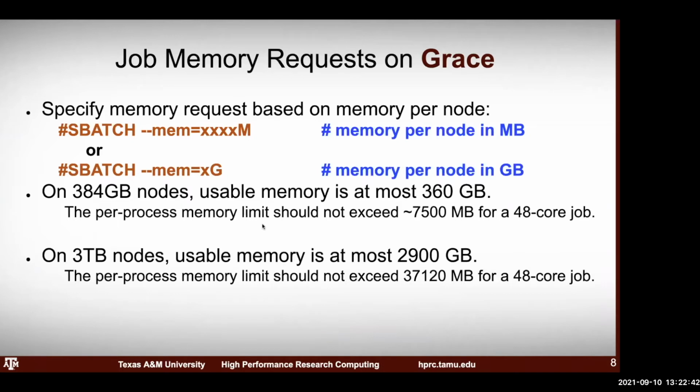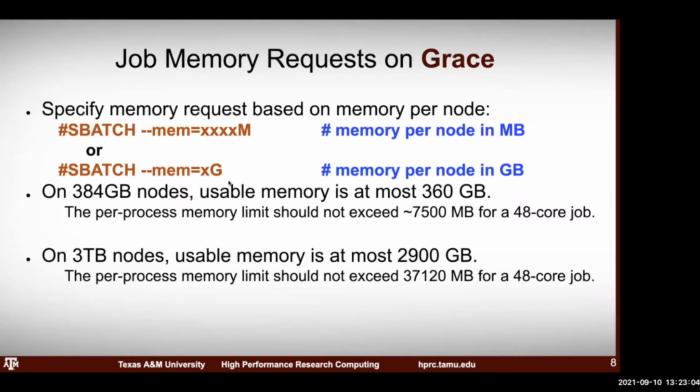There are also larger memory nodes on Grace, and those have 3 terabytes of memory. The usable memory for those 3 terabyte nodes is going to be around 2,900 gigabytes. Breaking those down, that would be about this value right here, 37,000 megabytes or 37 gigs roughly.